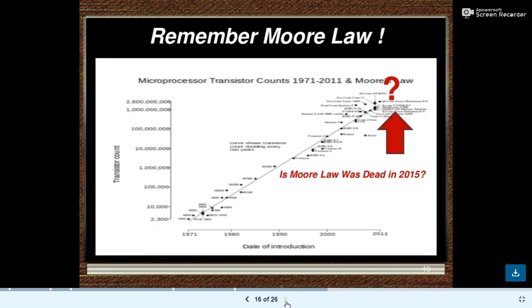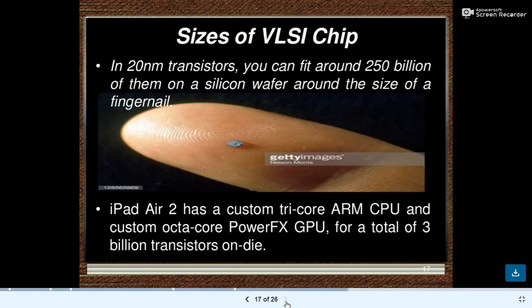Now here you can understand, in 20 nanometer transistors you can fit around 250 billion of them in a silicon wafer around the size of a fingernail.